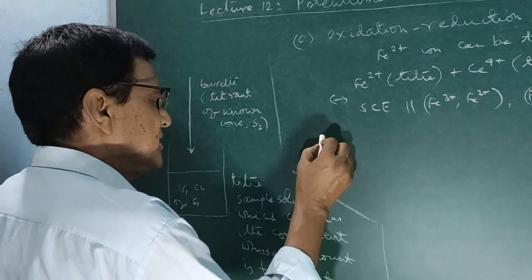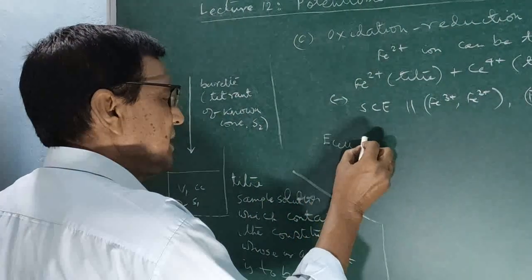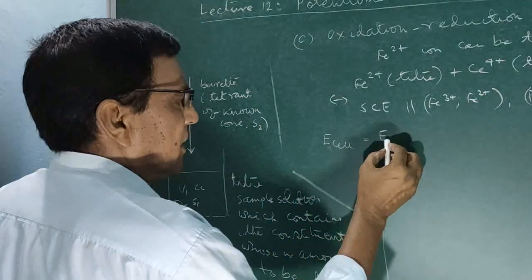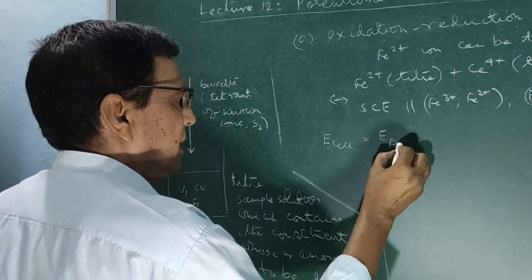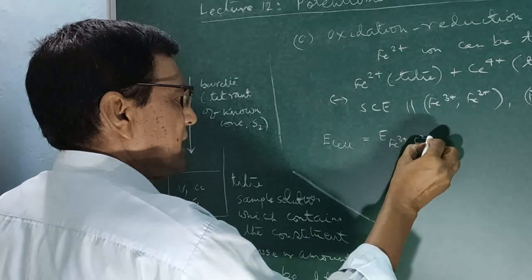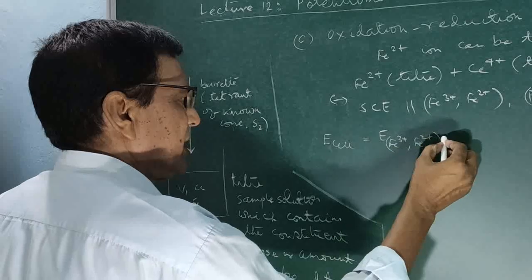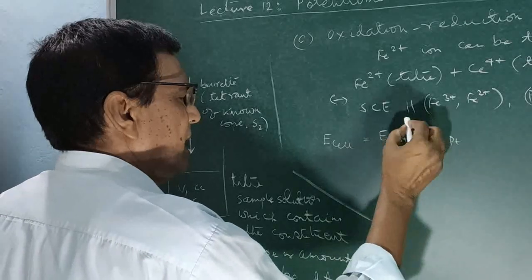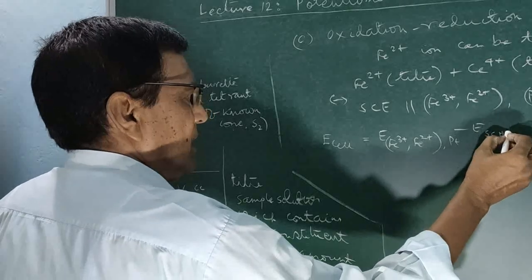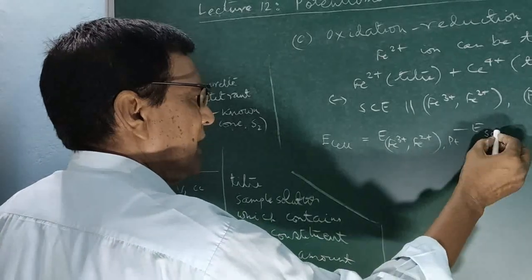This is the simplest cell, and the potential of the cell is determined by means of a potentiometer, and this E cell is equal to E of this ferric ion and ferrous ion in solution at platinum, minus E of this standard calomel electrode.